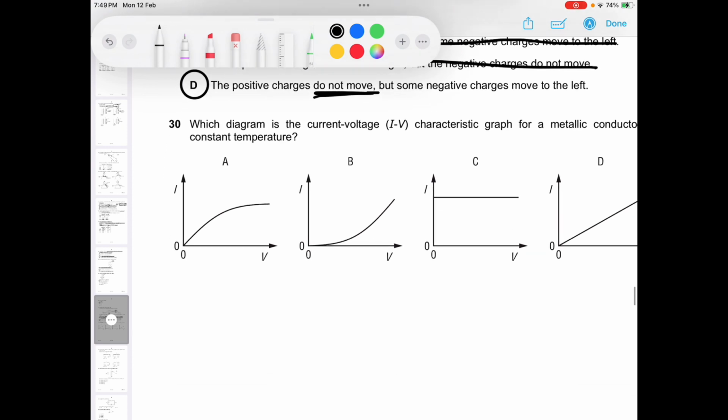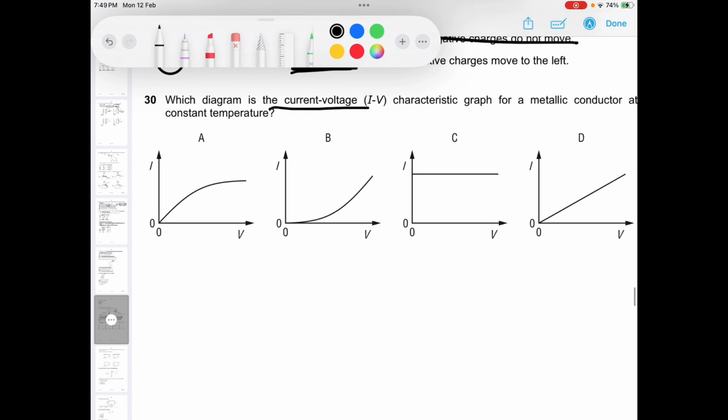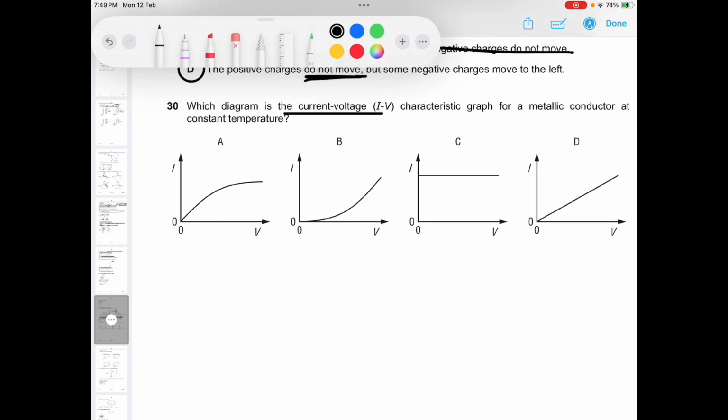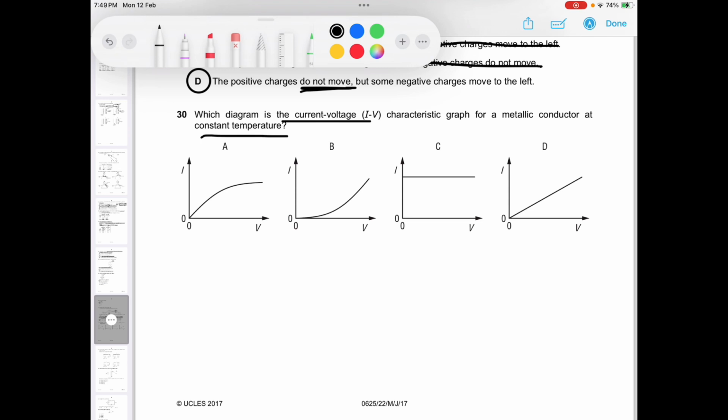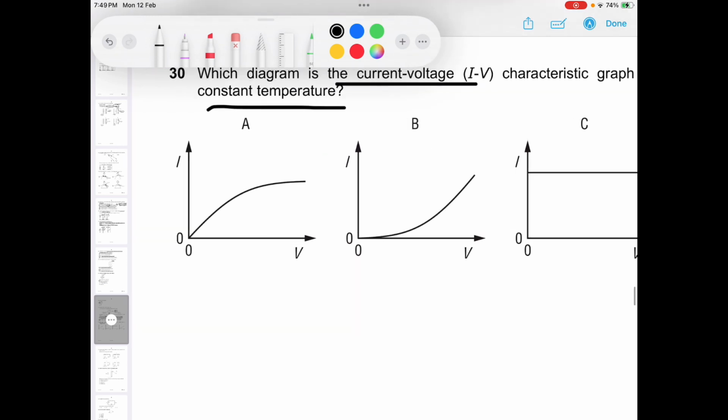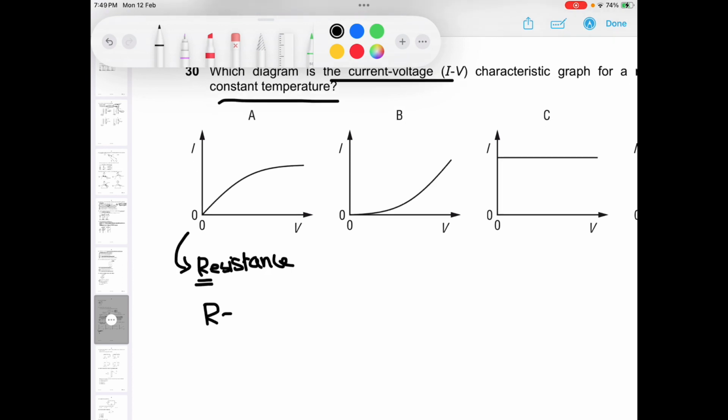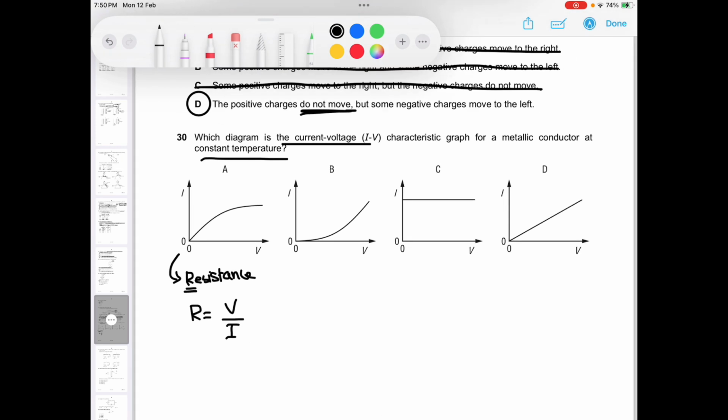Which diagram is the current-voltage characteristic graph for a metallic conductor at a constant temperature? We need to think about it first. The slope here is the R. So resistance is the slope. R is equal to V over I. So it must be directly proportional.